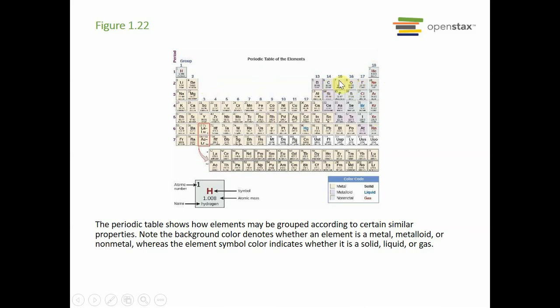And other things, nitrogen and phosphorus were known to form triply negative ions, oxygen and sulfur doubly negative ions. The halogens, as we now know them, produce singly negatively charged ions.